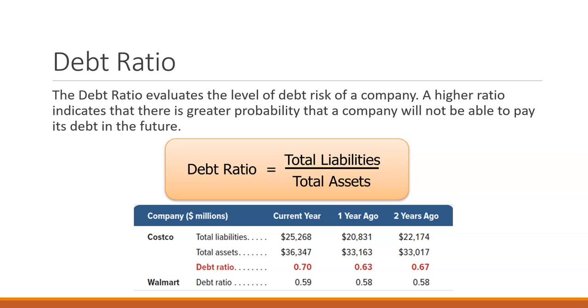Remember, the assets are the things that we own that provide benefit for our company, and liabilities are what we owe or have to pay other people. If our liabilities are higher than our assets, that number is going to be bigger than 1, which is not a situation that we want our company to get into. You can see in this example, we're comparing Costco and Walmart, and Costco has a slightly higher debt ratio than Walmart does in this comparison. That is the end of Chapter 2.